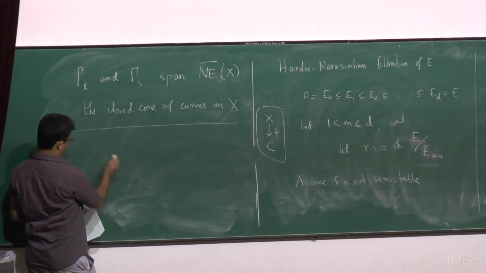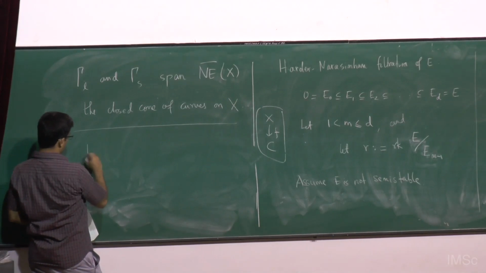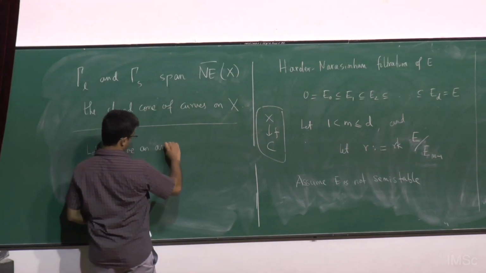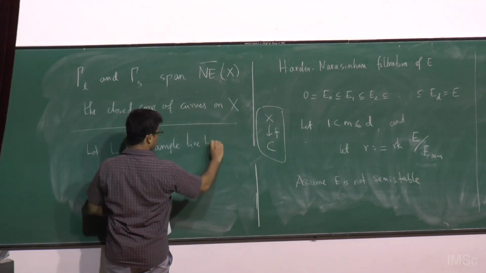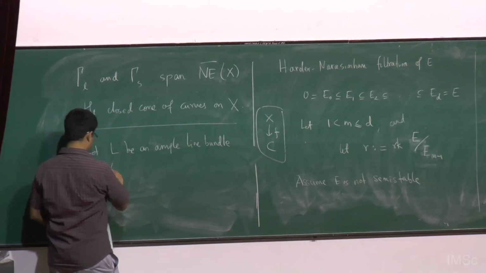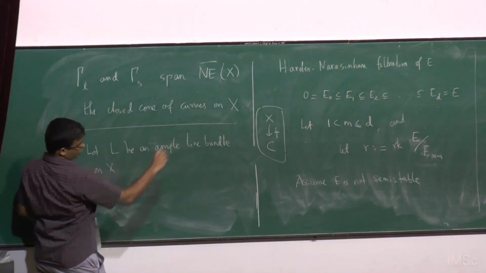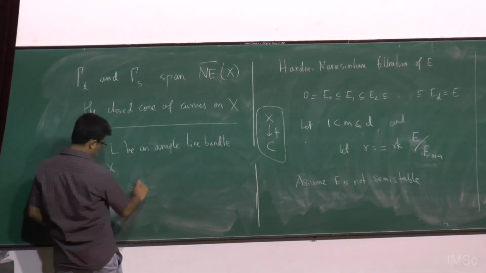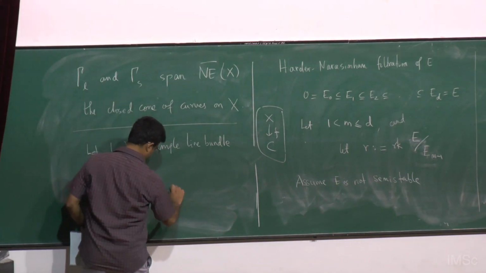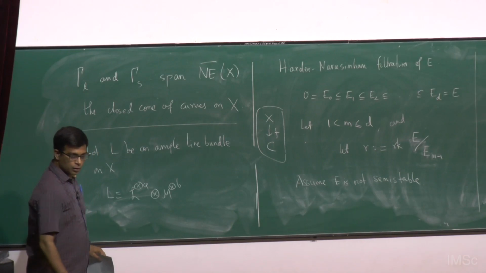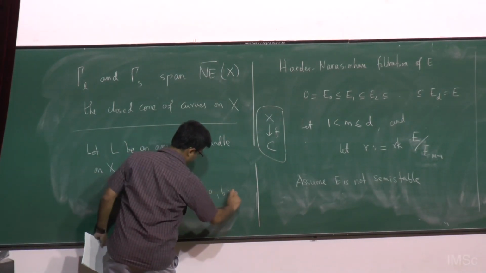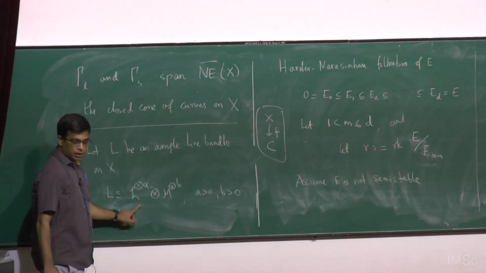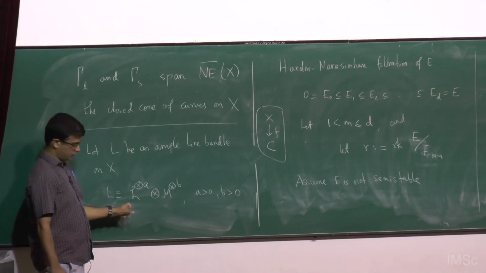Okay, so I will illustrate how to compute this. Let L be an ample line bundle. Because of the Nef cone, L can be written as, or is at least numerically equivalent to, something like this, where A and B are positive integers. So any ample line bundle is numerically like this, and we only need to compute Seshadri constants up to numerical equivalence.